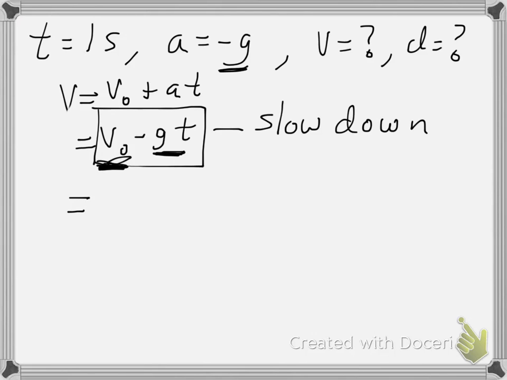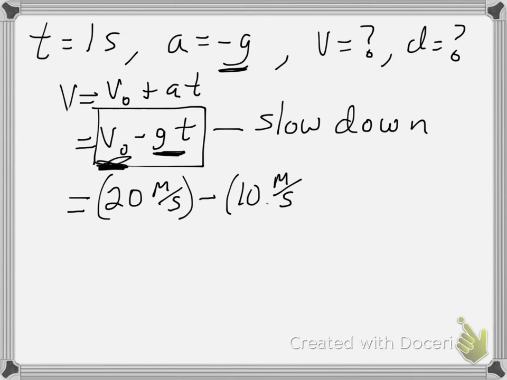So this is going to be, our initial velocity was 20 meters per second minus 10 meters per second squared times 1 second, and 10 times 1 is 10, and 20 minus 10 is therefore going to be 10 meters per second.